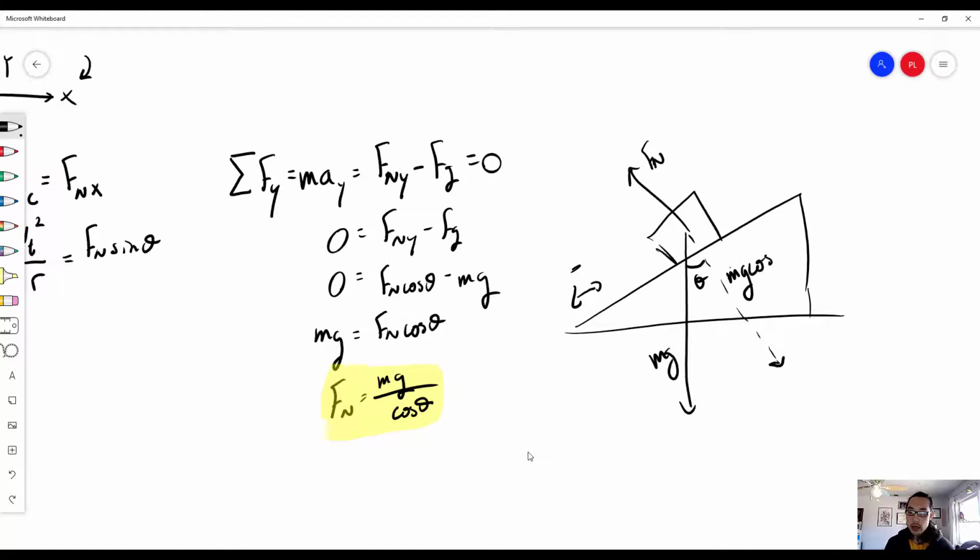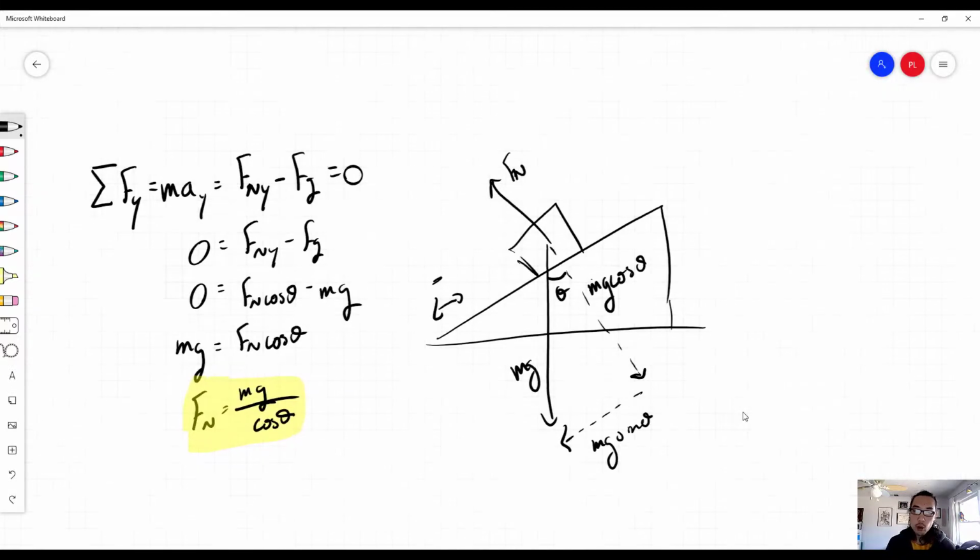This would be mg cosine theta, and this would be mg sine theta. If I were to define the normal force according to our adjusted axis, and once again, this whole idea of the adjusted axis comes in. Remember, the motion of this object is along this x-axis, this adjusted x-axis, and that's why we adjust it like so.